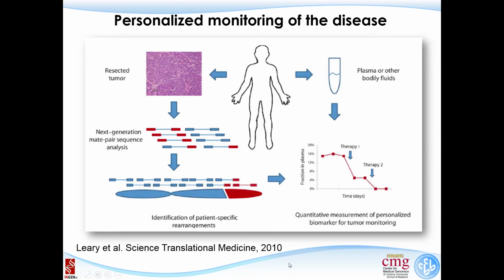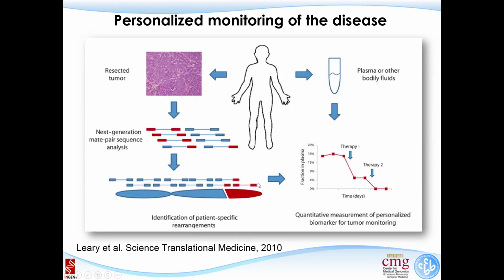It's 2010. In this particular example, the patient got a tumor, and they did genome sequencing and were able to identify the structural variations for this particular cancer type. So you can see those blue reads are coming from the blue chromosome, and red ones from the red chromosome.